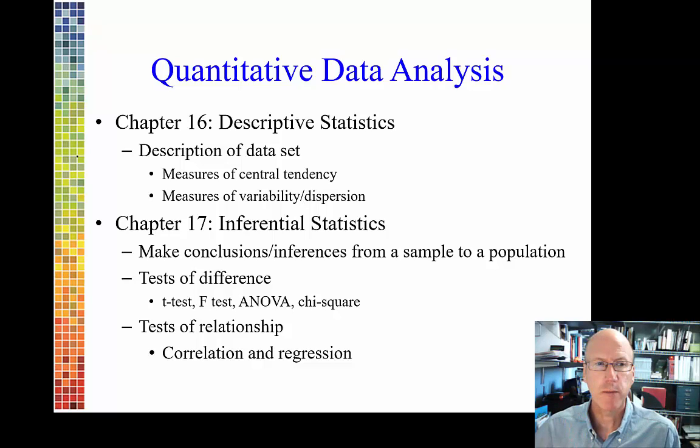So we say that there might be a relationship between hours of study and GPA, as opposed to where we think there's a difference, where we might say that students in communication studies have higher GPAs than students in psychology. There we're looking for a difference versus looking for a relationship between our variables.